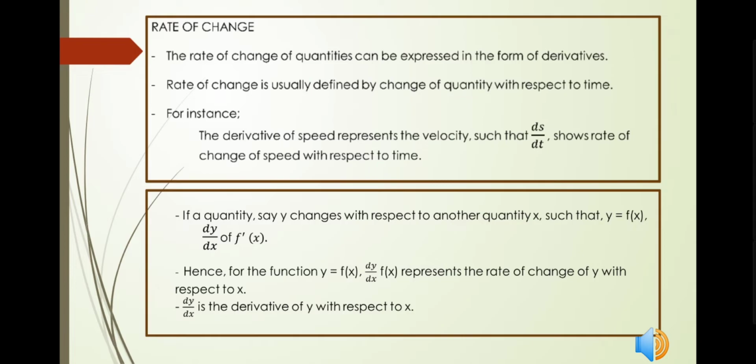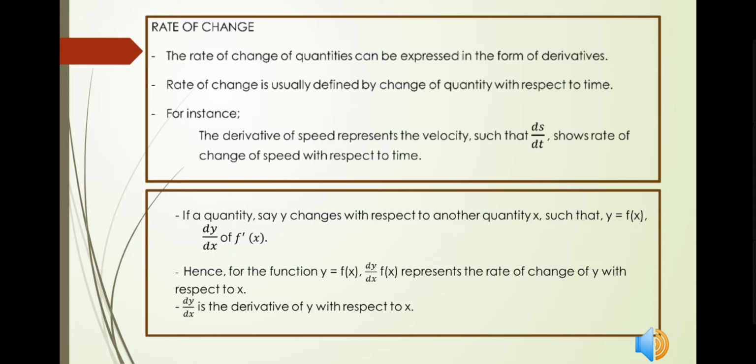Similarly, if a quantity, say y, changes with respect to another quantity x such that y equals f of x, the derivative of y with respect to x is f prime of x.